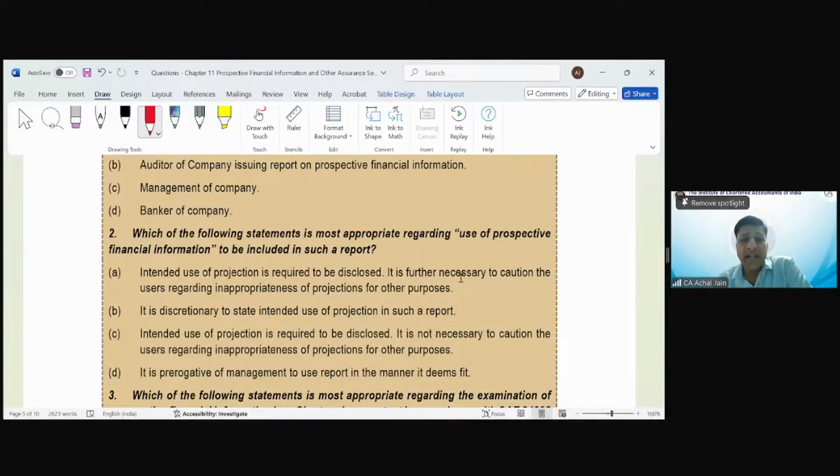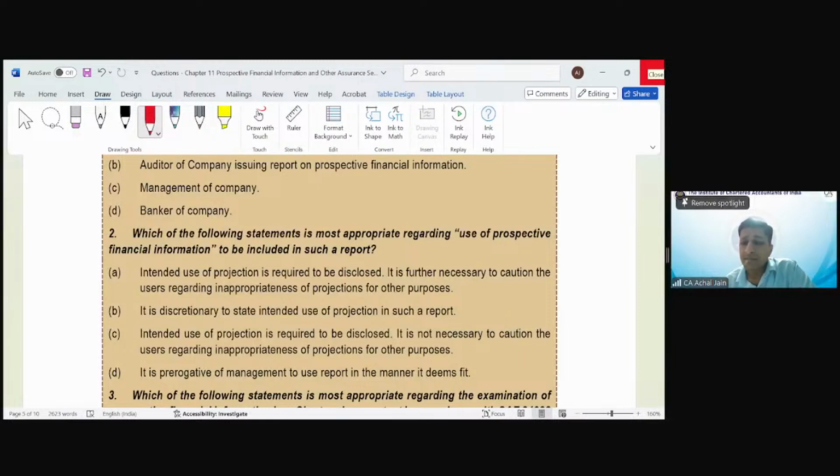C. Intended use is required to be disclosed, not necessary to caution the users regarding inappropriateness of projections for other purposes. D. It is a prerogative of the management to use a report in the manner it deems fit. So tell me, which option out of these do you believe is the most appropriate one?